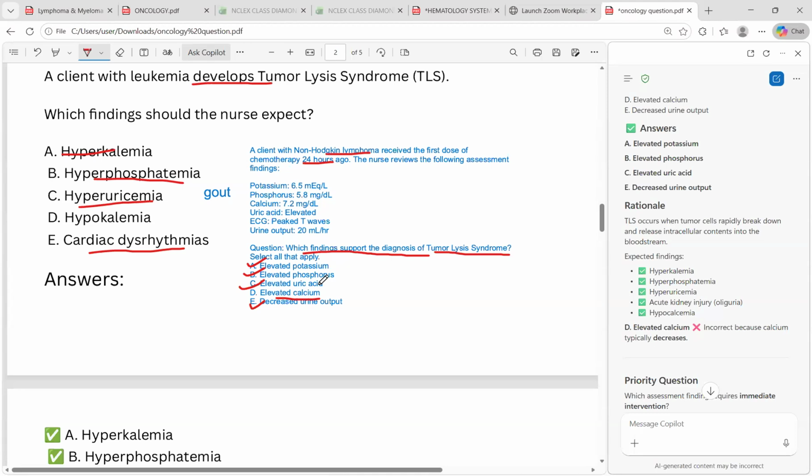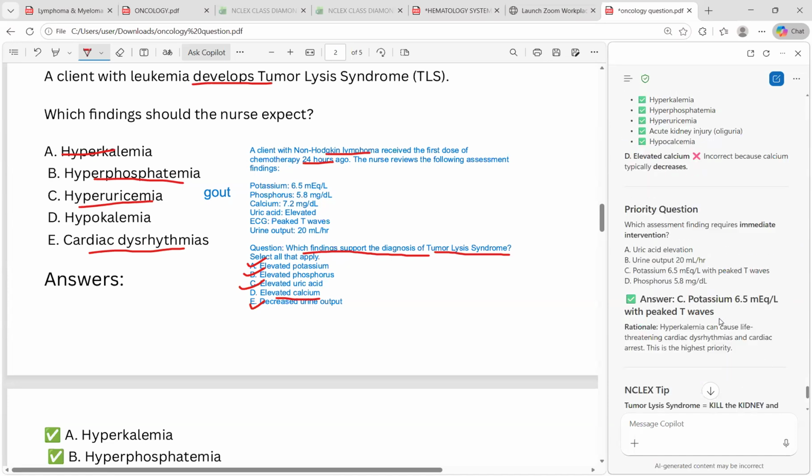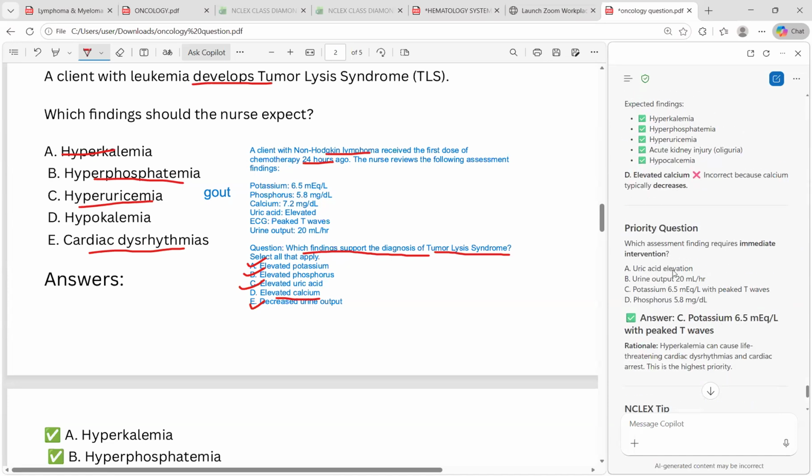All these end products are eliminated through the urine, so the urine will become concentrated. It can lead to decreased urine output. And not hypercalcemia; hypocalcemia can be expected. Hope you understood this.